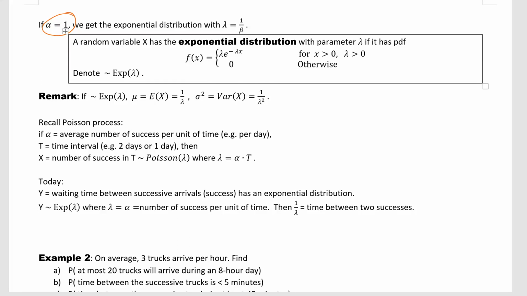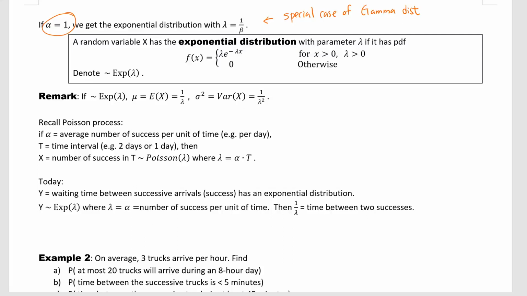So the exponential distribution is just a special case of the gamma distribution. And why do we want to talk about this special case? Because it has great use.